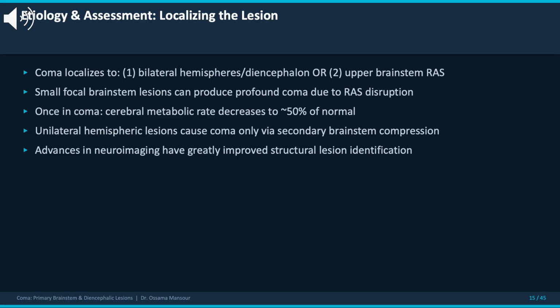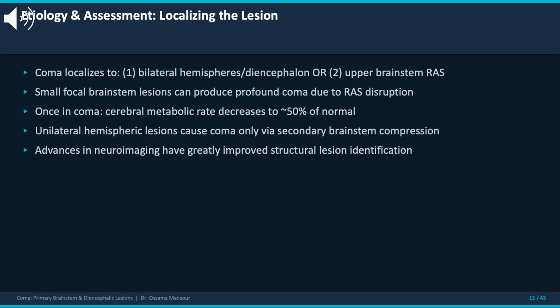The key concept to understand is that consciousness comprises an orchestra of intact pathways forming an integrated network distributed across multiple brain regions. When assessing a patient in a comatose state, the clinician must systematically consider injury to either the reticular activating system in the brainstem or to the bilateral diencephalic or cerebral hemispheric structures.